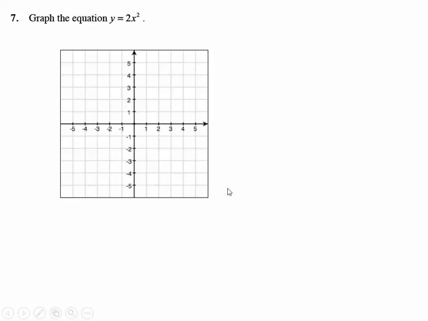What happens if I put a little x squared on that x? Once I do that, it no longer becomes a linear equation. And again, if we don't know how to graph this here, we're going to have to make a little table, depending on how many points we need in order to fill in the graph correctly here.